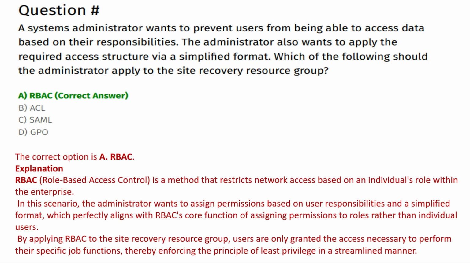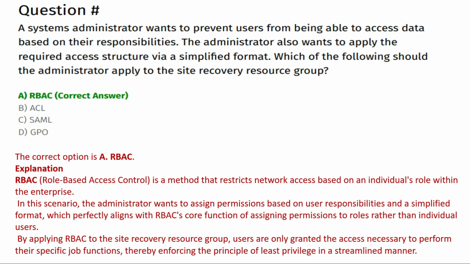So let's check the explanation. RBAC, role-based access control, is a method that restricts network access based on an individual's role within the enterprise. In this scenario, the administrator wants to assign permissions based on user responsibilities in a simplified format, which perfectly aligns with RBAC's core function of assigning permissions to roles rather than individual users.